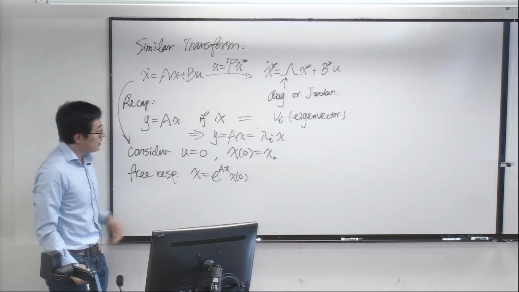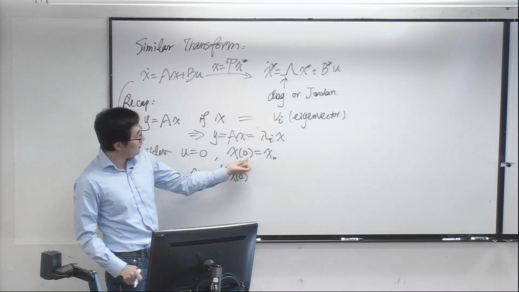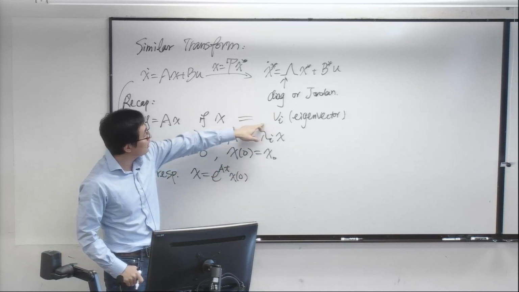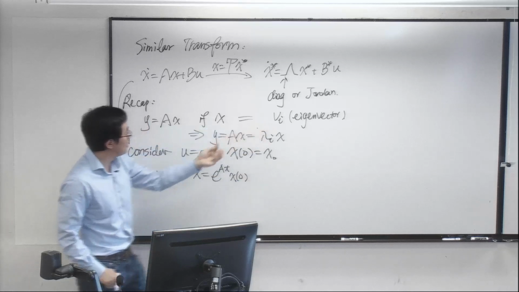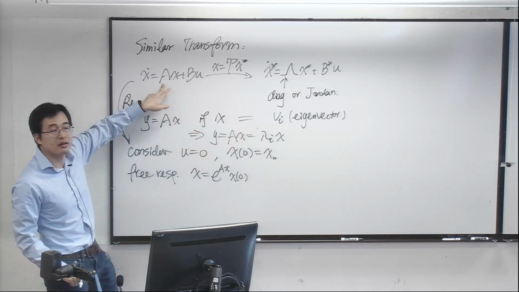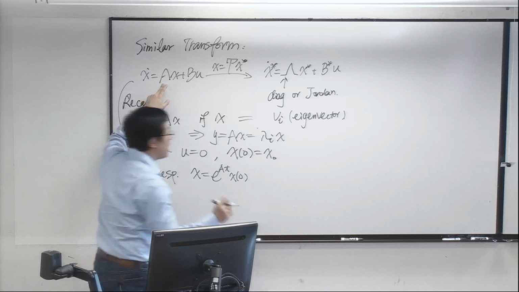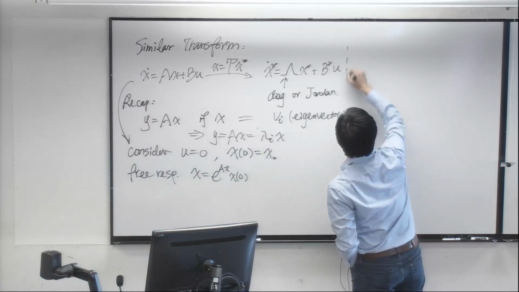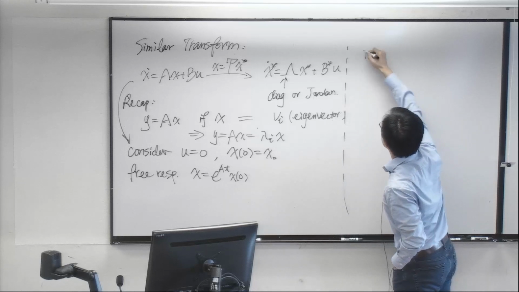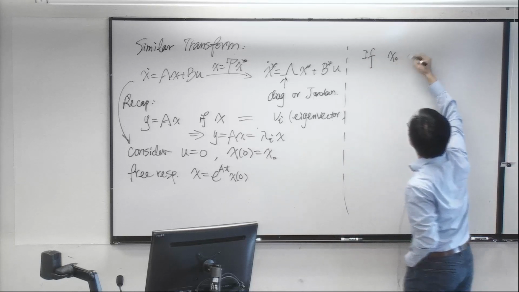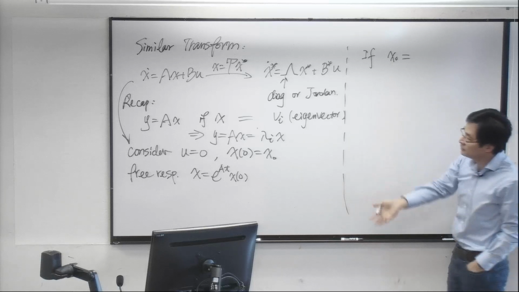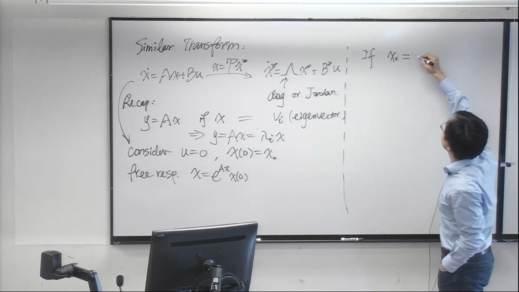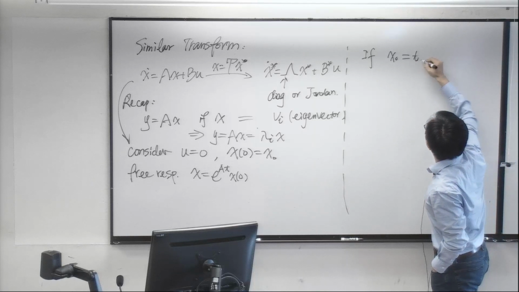Now, intuitively, let's say the system is released at one initial condition that's along the direction of one eigenvector of A. Let's see what happens. So if x naught is along the direction of one eigenvector, let me call it T1.